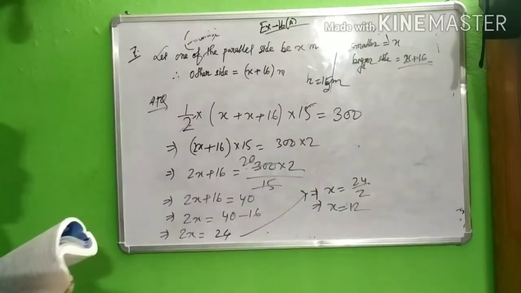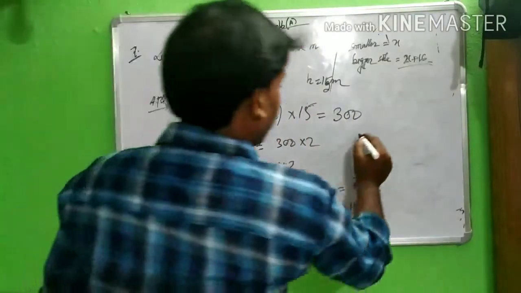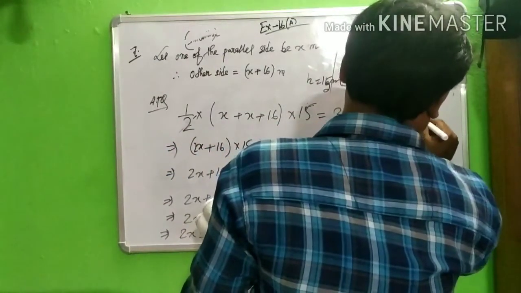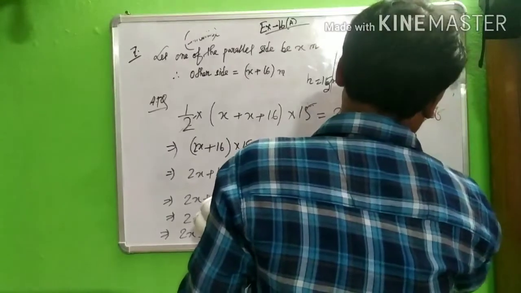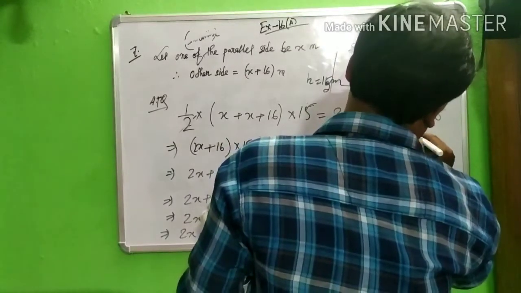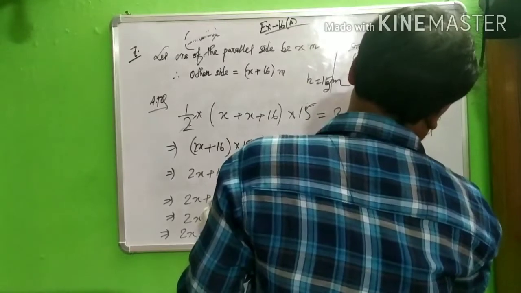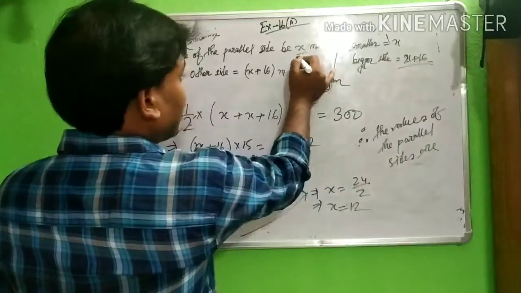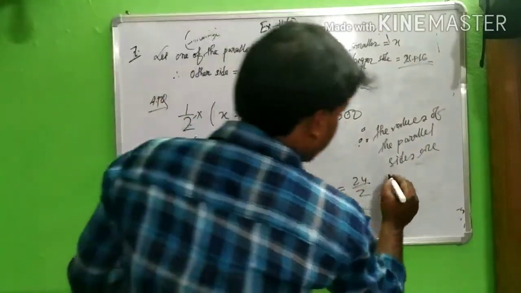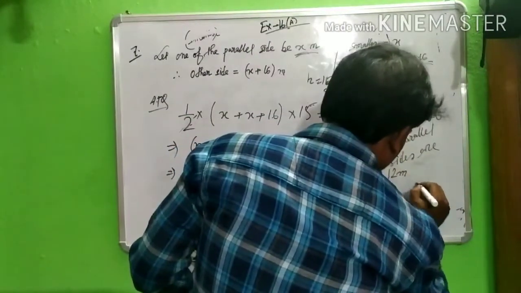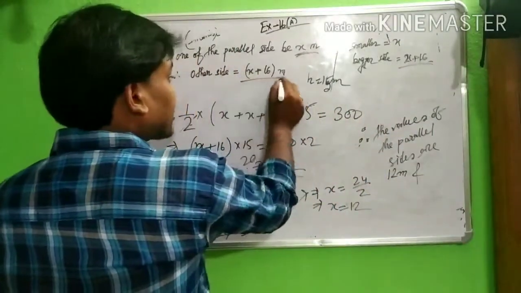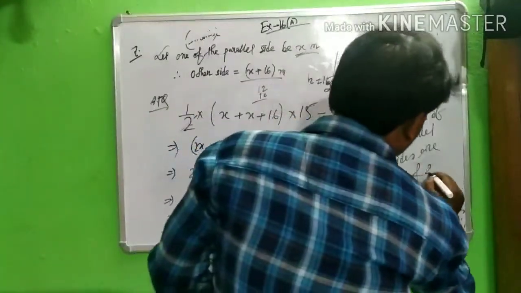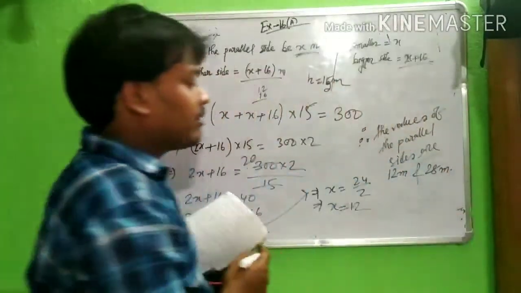So the value of one side is 12. Therefore the parallel sides are: one side is x meter, that means 12 meter, and another is x plus 16, that means 12 plus 16, 28 meter.